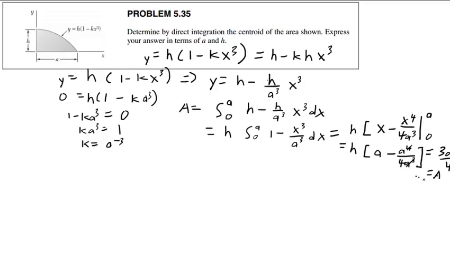So we have that. That's one useful thing. Now, we'll need our Qy, our first moment of area about the y-axis, which is the integral of x dA.